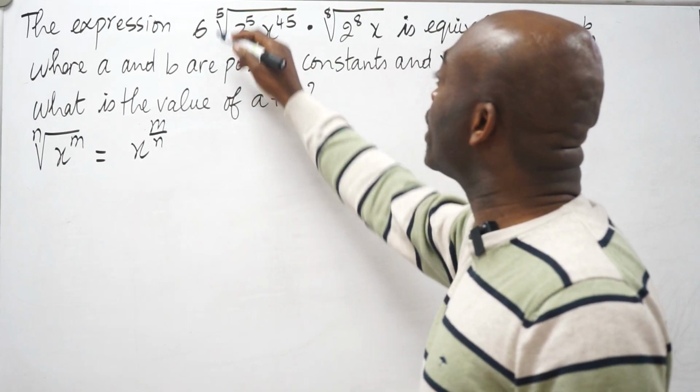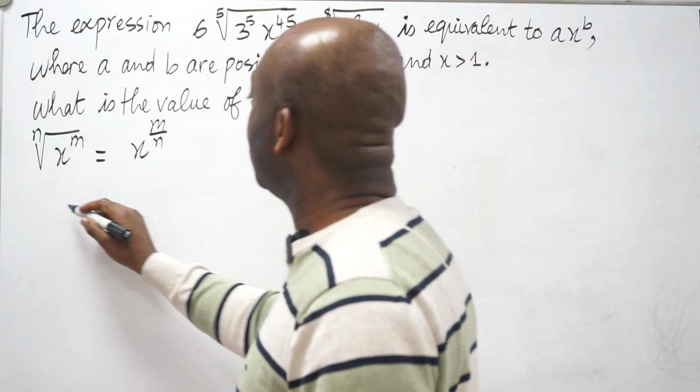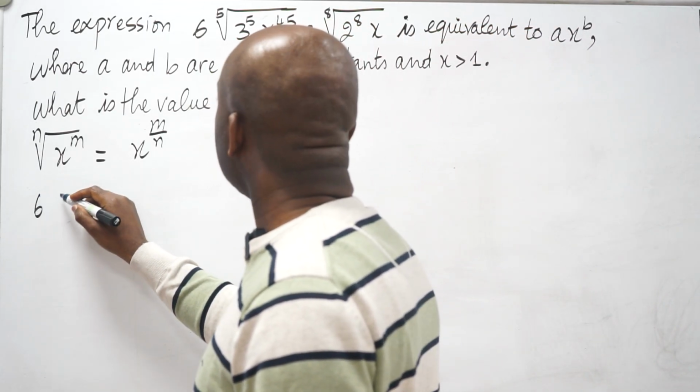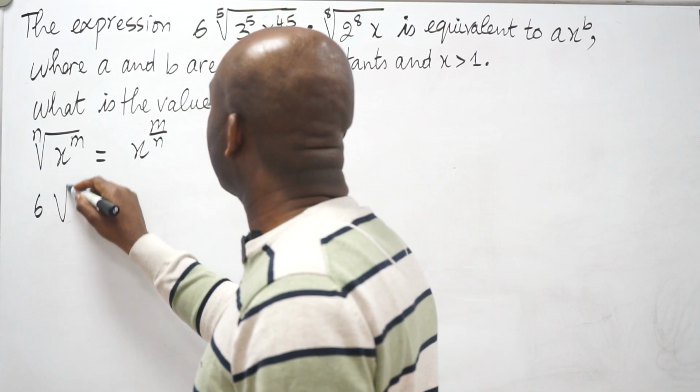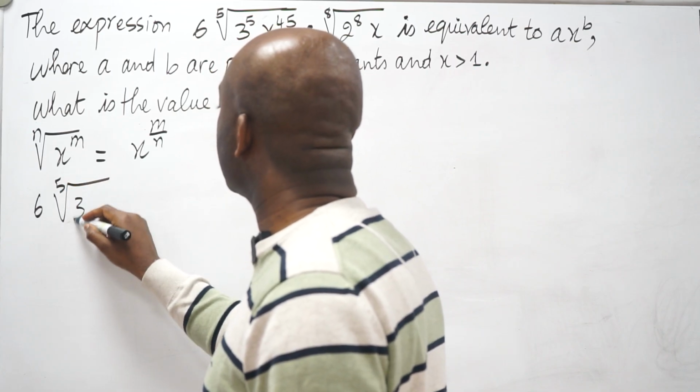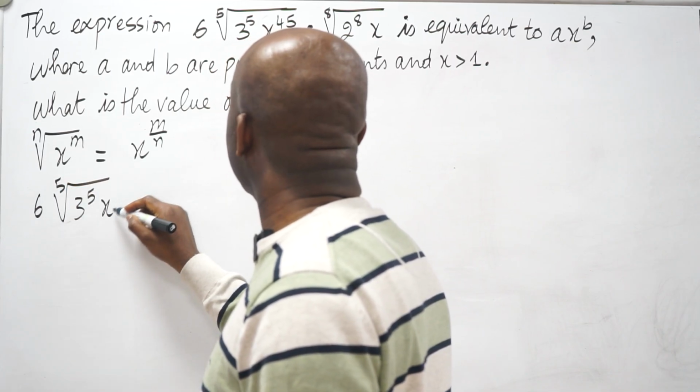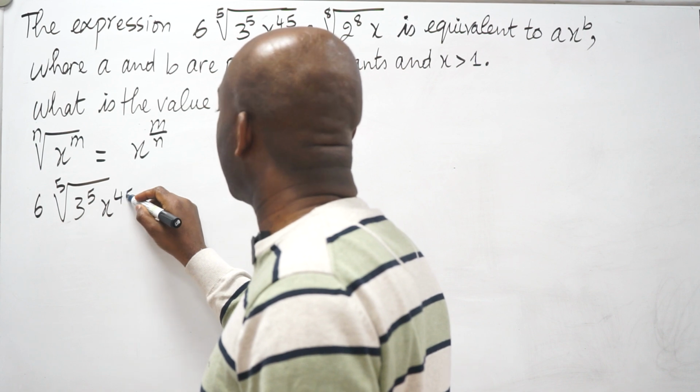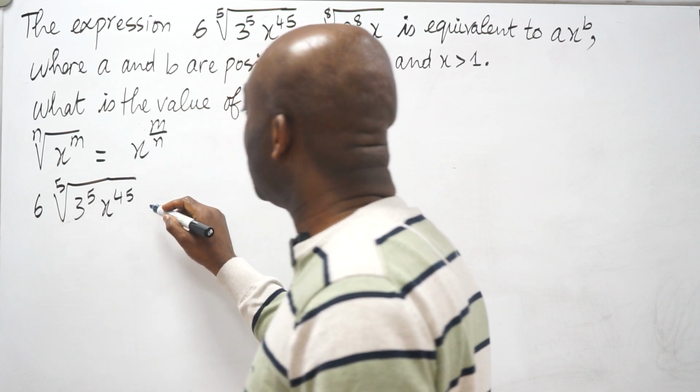So if we want to change the first one here, what's going to happen? We have 6 times the fifth root of 3 to the 5th power times x to the power 45. So that would be equal to what?